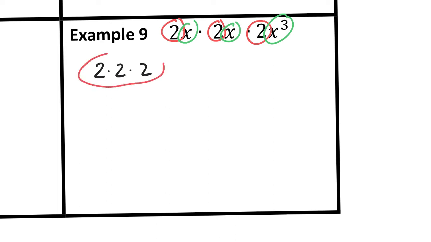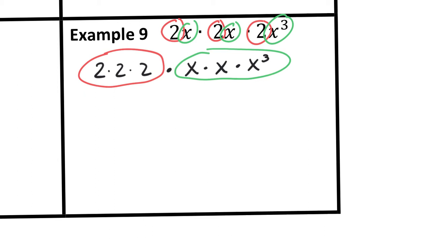This is like my red group. And then I have x times x times x to the 3rd. This is my green group, right? So what's 2 times 2 times 2? Becomes 8. X times x is x squared. So it's actually like I have x squared times x to the 3rd.